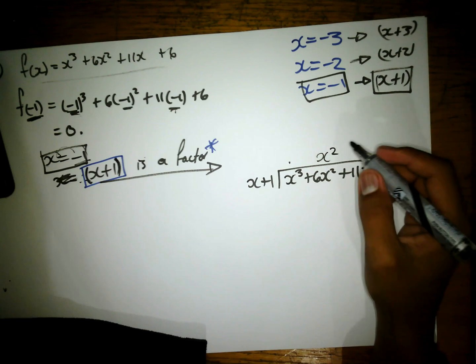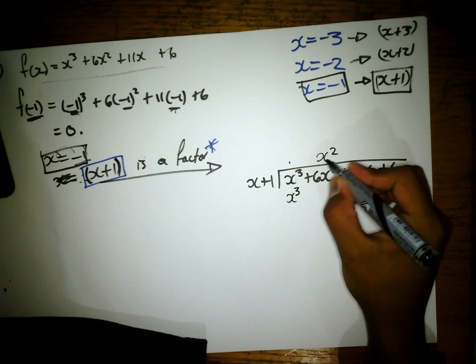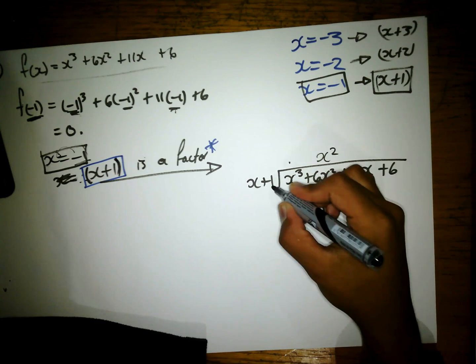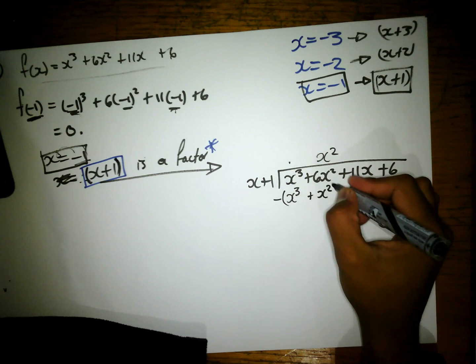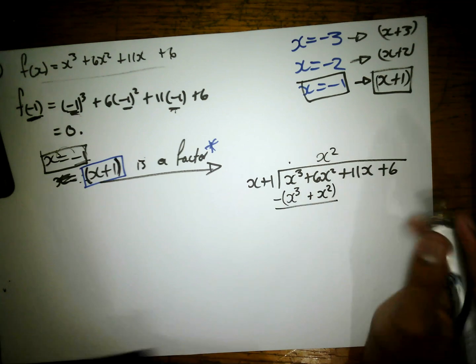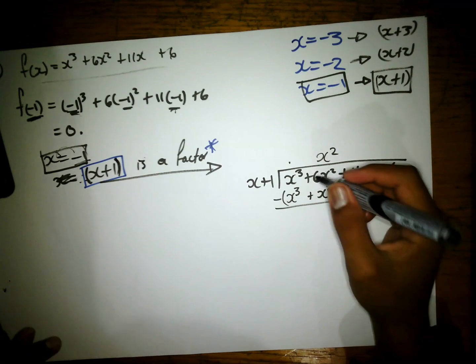Then we say x squared times x is x cubed. x squared times 1 is x squared. And then we subtract. This is like long division. If anyone knows long division from primary school, high school, this is basically long division.